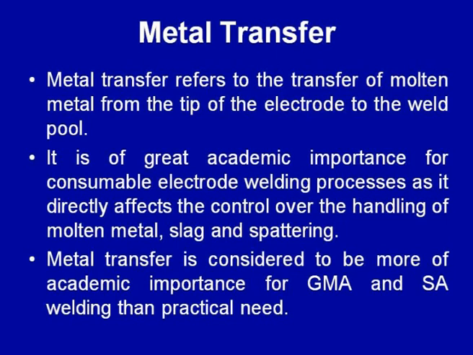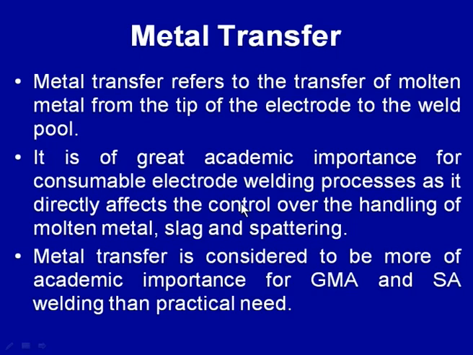It is important to study because it affects the cleanliness of the weld, and it also affects how much of the molten metal transferred from the electrode tip is actually transferred to the weld pool, and how much falls here and there in the form of spatters. That is why it is of great academic importance for consumable arc welding processes, because it affects the handling of the molten metal, the way it is placed in the desired position.